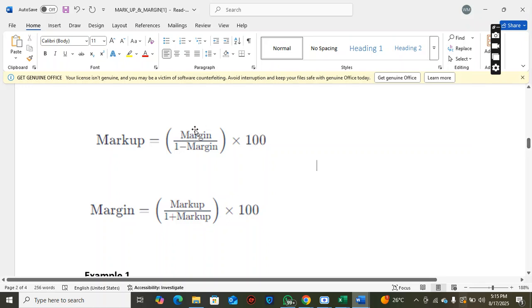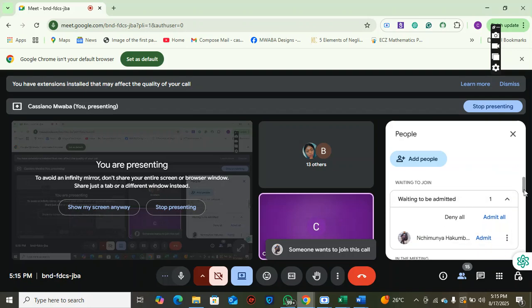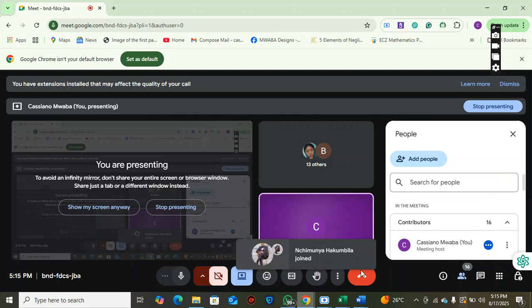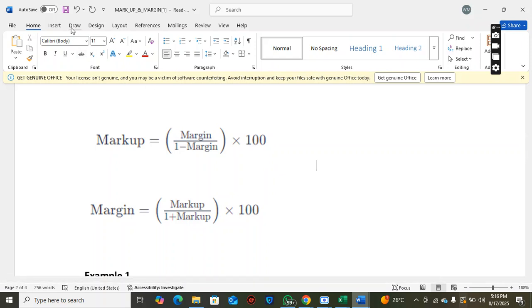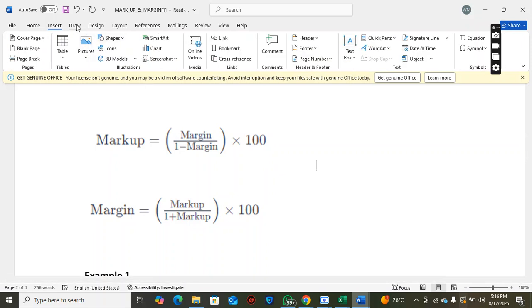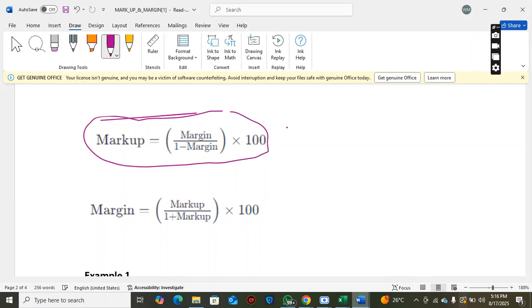If you want to get your markup from your margin, markup equals margin over 1 minus margin times 100%. So in this formula you're converting margin into markup. You want to convert margin into markup, this is the formula you use. Margin to markup.